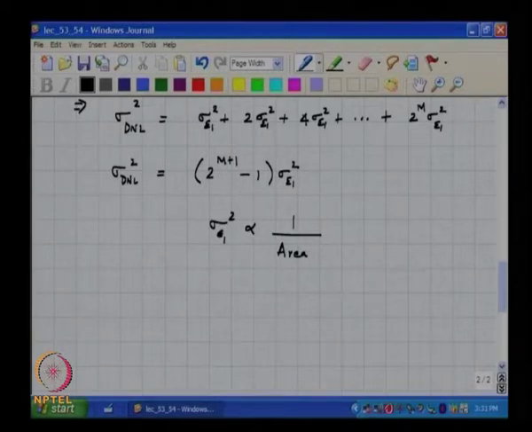All right. So, given a sigma DNL, what will we do? In other words, if sigma DNL is fixed from the specification, and if m is fixed for a given resolution, then we need to figure out what sigma E1 is.